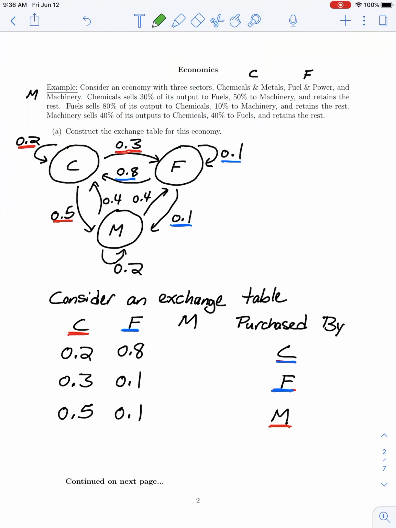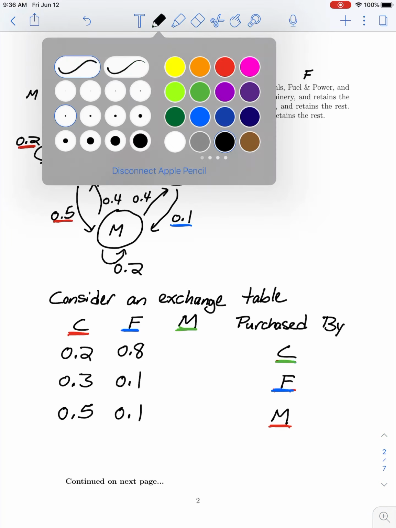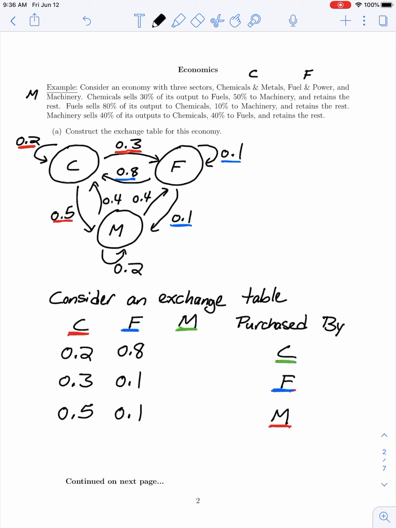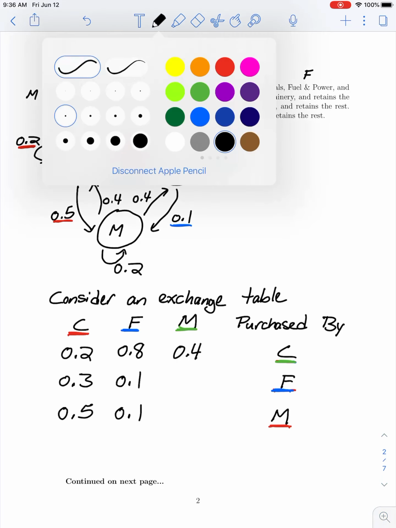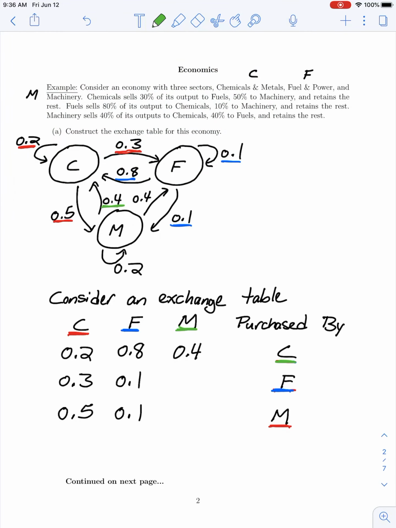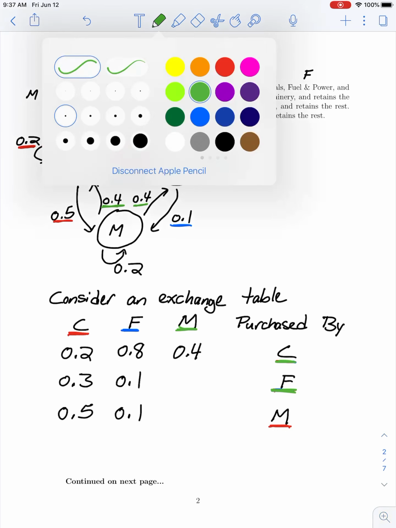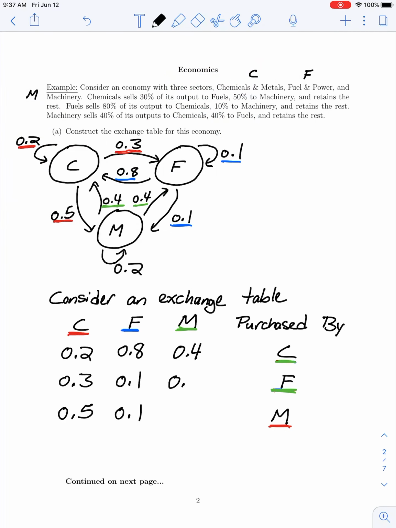So for our last column, from the output of the machinery sector, the percentage purchased by the chemicals and metals sector would be, let's see, 0.4, so indicated here from machinery to chemicals and metals. The percentage of machinery purchased by the fuel and power sector, so from machinery to fuel and power, was another 0.4.